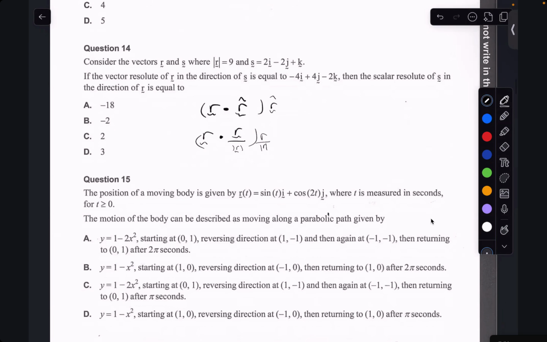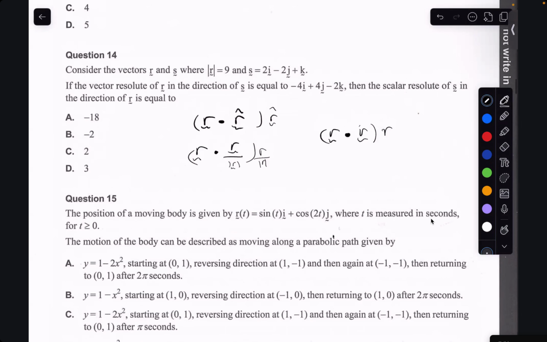Now we know that this is just going to be r dot r. What am I doing? The vector resolute of r in the direction of s. So this should be s, not r.